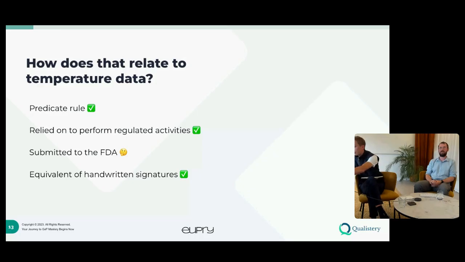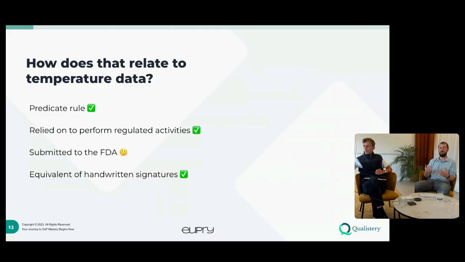So again, how does that relate to temperature data? Again, predicate rule: if it's directly stated that you need to maintain some sort of documentation required by the FDA guidelines, then yes, you need to adhere to 21 CFR Part 11. Again, relied on to perform regulated activities.